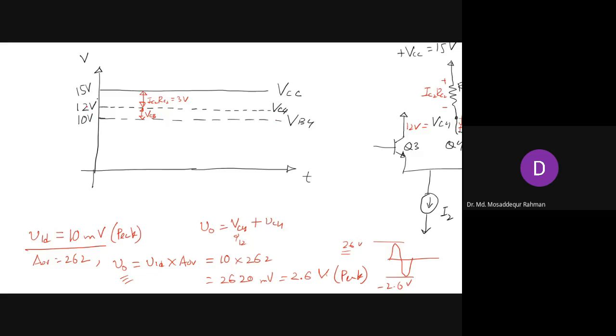How will it show in this diagram? You have this 12 volt VC4 and on top of this another AC signal voltage with a magnitude of 2.6. Let's say 2.6 is somewhere here, which is below 3 volt. We have a difference of 3 volt here, and this is 2, so 2.6 comes down somewhere here below 10, something like this.